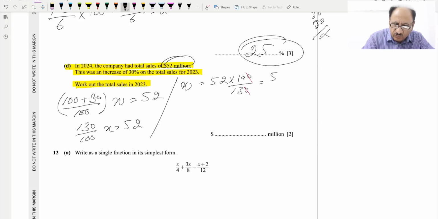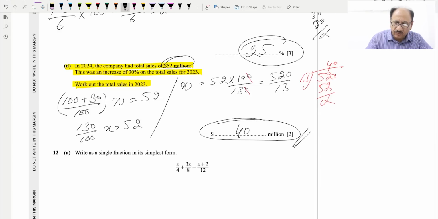This will be 520 divided by 13, and 520 divided by 13 will be 4s are 52, and this 0 we can move to the answer. This will be $40 million. So $40 million will be answer for 2 marks.